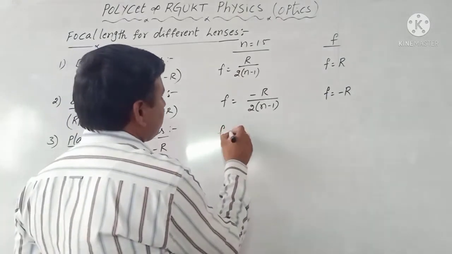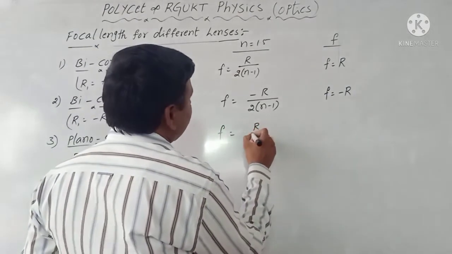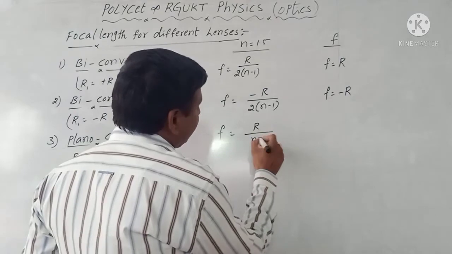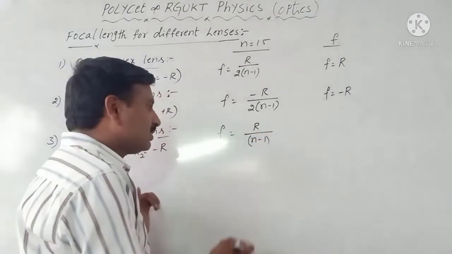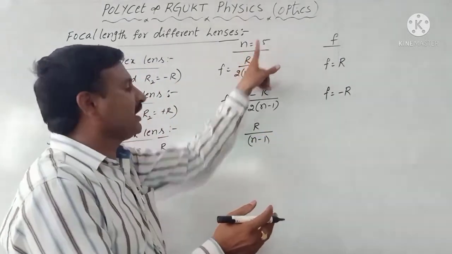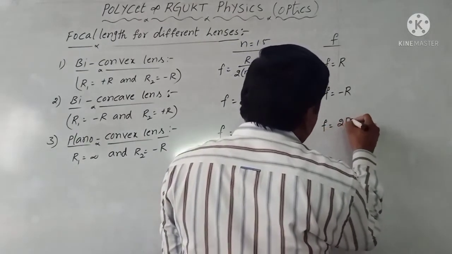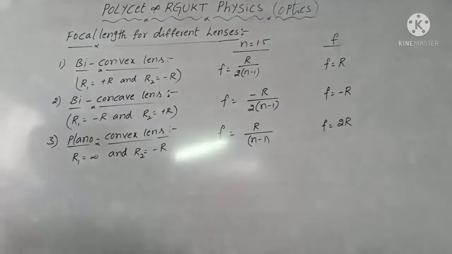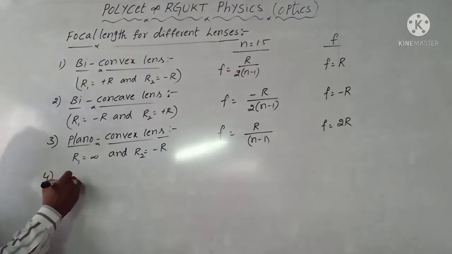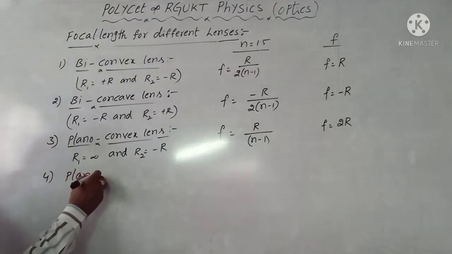We get the formula f equal to R by n minus 1 only. So substitute n value 1.5. We get the answer f equal to 2R.